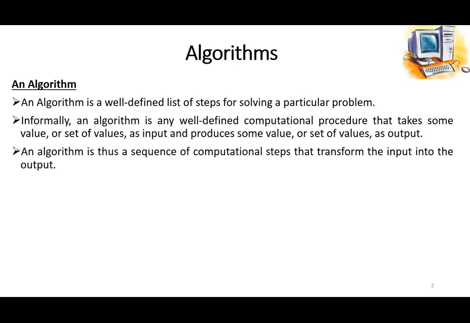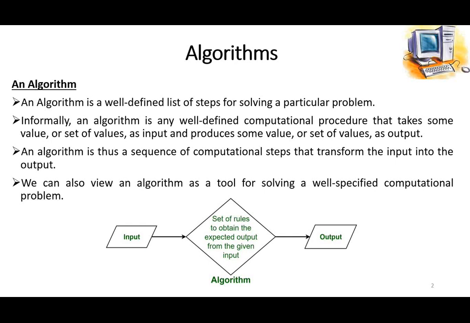An algorithm is thus a sequence of computational steps that transform the input into the output. So that is even more simple: it's a computational stepwise procedure which transforms the input into output.